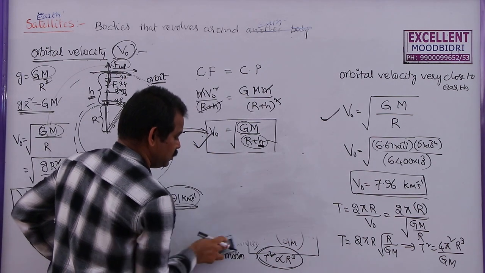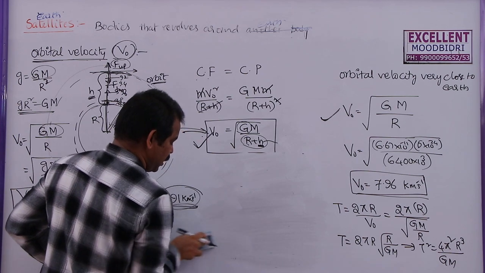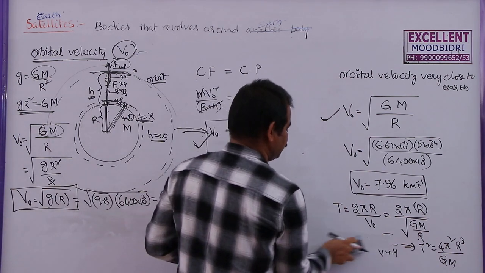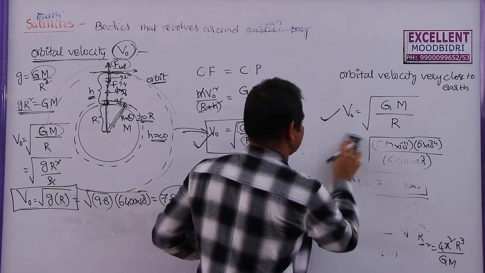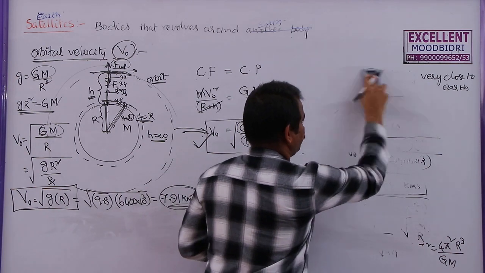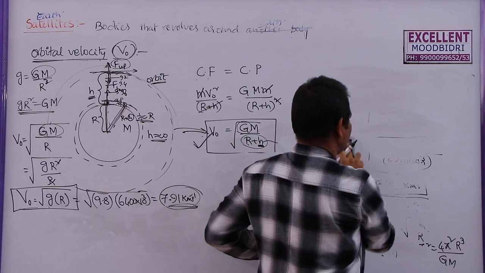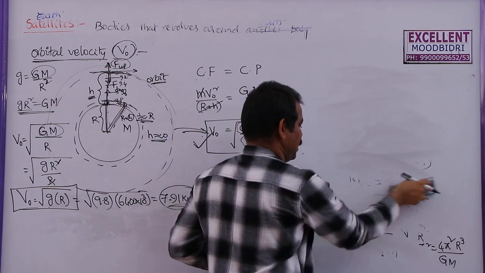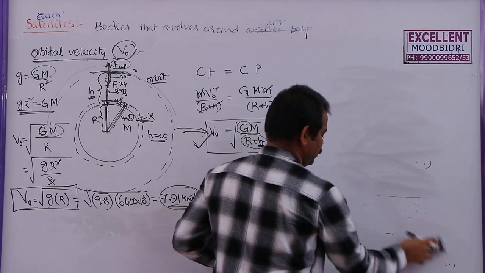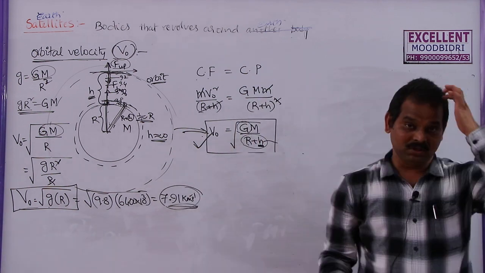Now, sometimes they may ask you to find the relation between escape speed and orbital speed, or escape velocity and orbital velocity. In the previous class, we studied about escape velocity, which is given by VE is equal to root over 2GM by r.